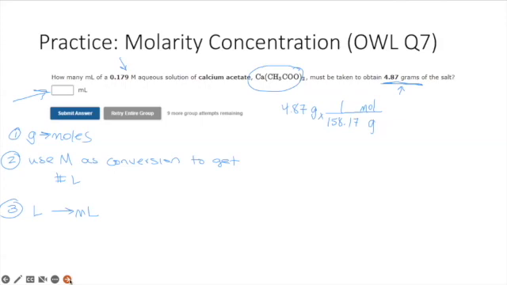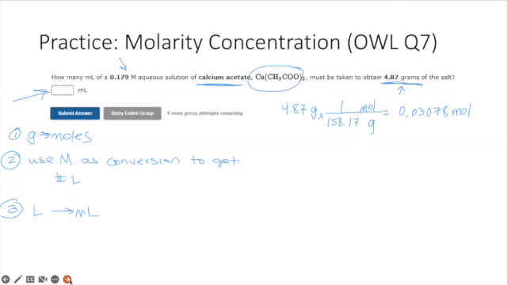They give you a name, and you can just Google the molar mass of whatever it is. So once I do the math, I divide 4.87 by 158.17. I get 0.03078 moles. So I went from grams to moles.